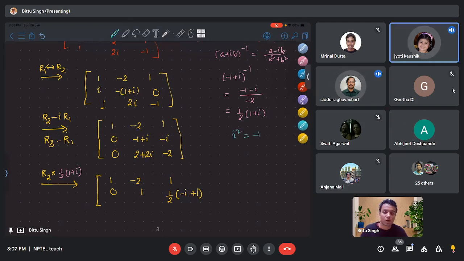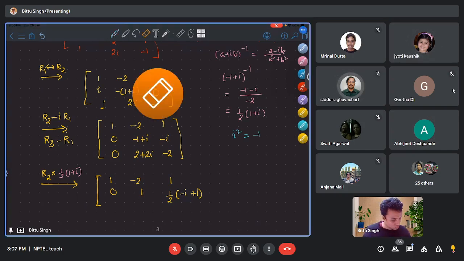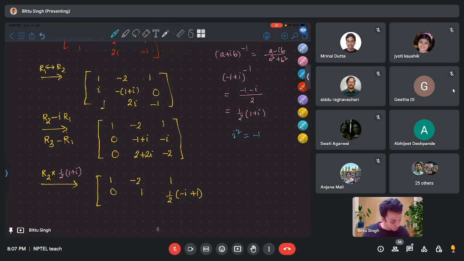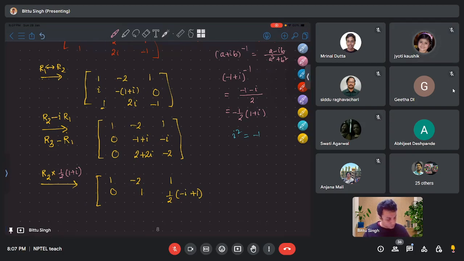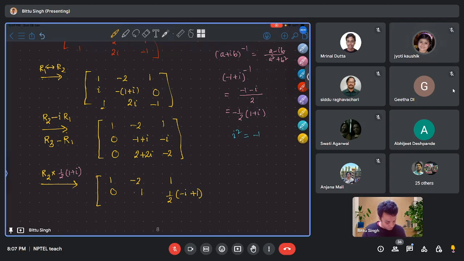Inversely, a squared plus b squared is always positive for any real numbers a, b, so it will be 1 and there will be a negative sign. Okay, so it is actually minus 1 plus i. I think now this is correct.